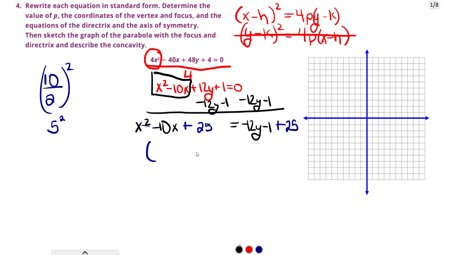Now, I come down and I write the x, the middle sign, and whatever that number is that I squared. And then I square that term. On the other side, I just go ahead and bring down and do the math.